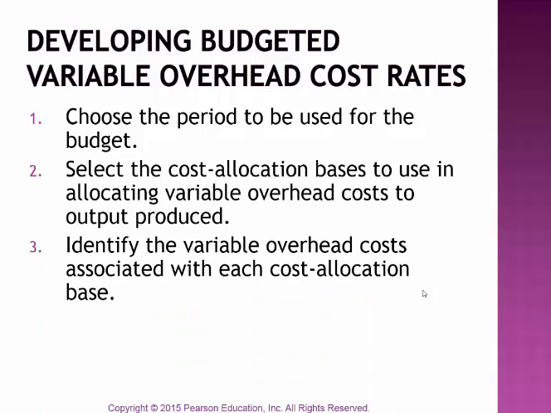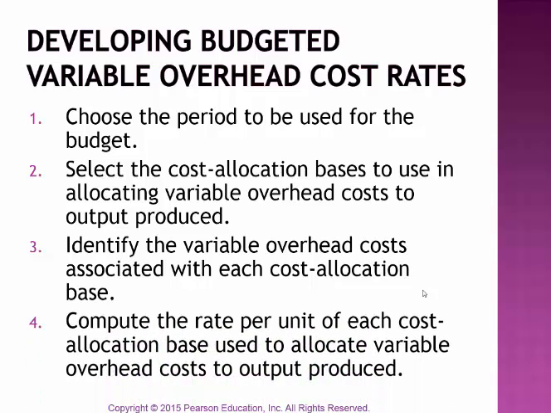We will of course identify those costs related to the variable overhead and sum those up per the cost allocation base. And we're going to then compute the rate per unit of each cost allocation base used. All right, so we're going to come up with a variable overhead per unit of.